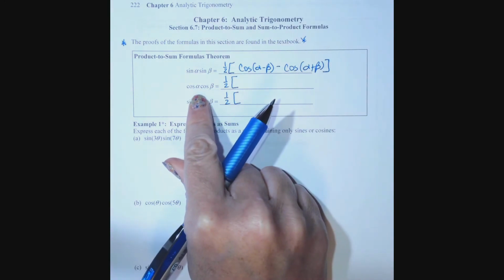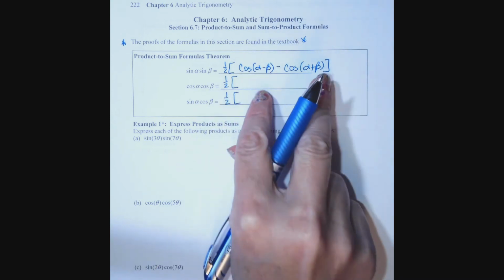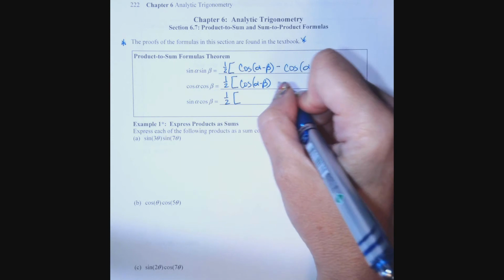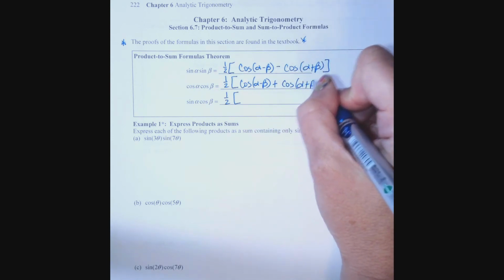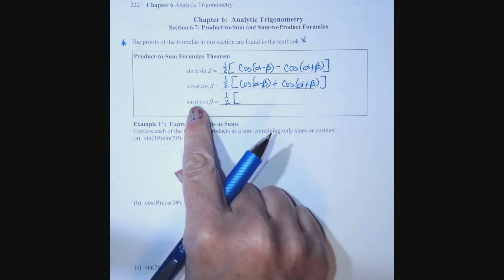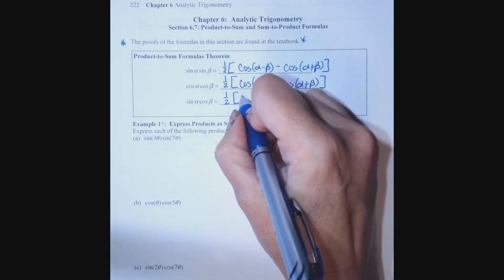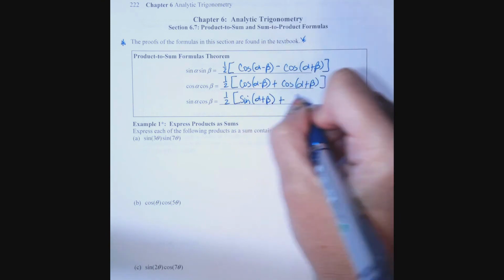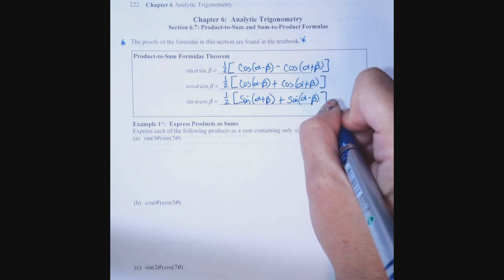For cosine alpha, cosine beta, we start with that factor of 1/2. And then what is inside follows just like the last one, cosine of the difference plus, this time, cosine of the sum. And for sine alpha, cosine beta, we have sine of the sum plus sine of the difference.